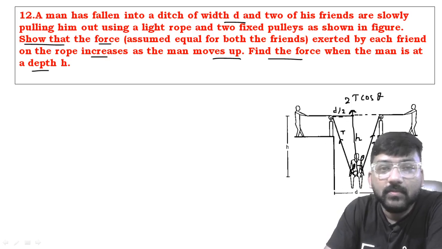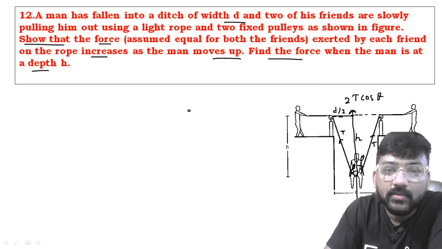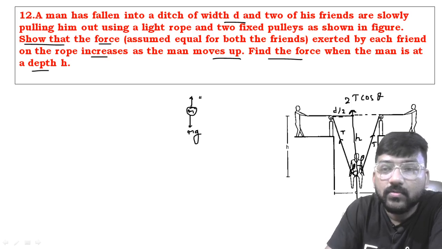Now the mass of the man is M, then the force acting downwards will be just mg. If you draw the free body diagram of the man, along this direction it is mg, and along this direction it will be 2T cos theta.